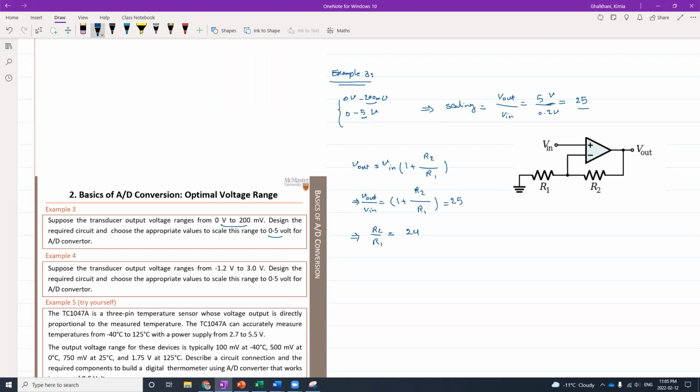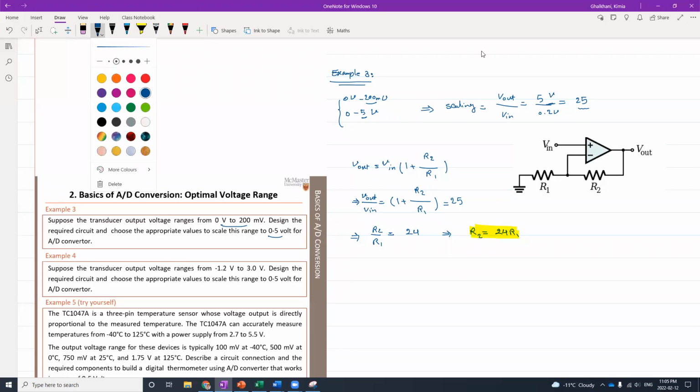What does that mean? From here, I can calculate my R2 and R1 relationship, which means R2 is equal to 24 R1. It means I can use any resistors with the ratio of 24 to provide the 25 times amplification, because I need 25 times amplification.